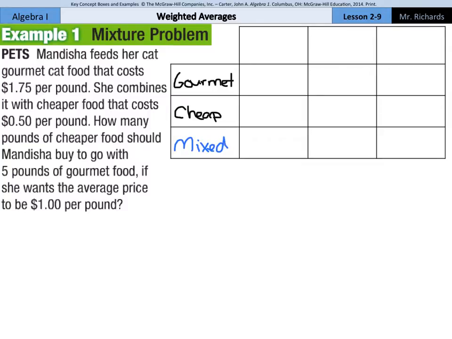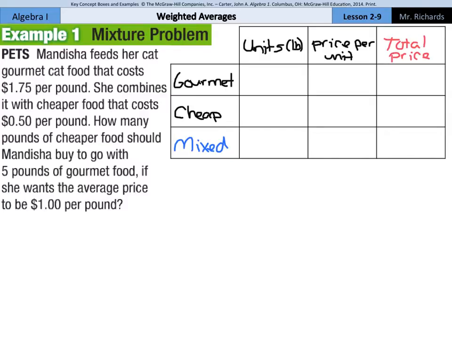On top of our table, we're going to write our units in this column, and that's going to be per pound. We're then going to have our price per unit there, and then that will result in a total price. So let's fill in what we know.